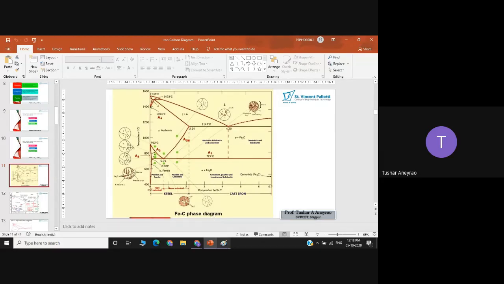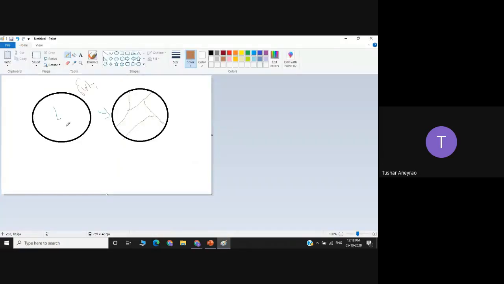So now how is the composition getting decided there, means what is the composition of the cementite and what is the composition of the austenite? Just for your understanding, I have said to you that 50% austenite is there, 50% cementite is there, but this is not at all ideally possible.